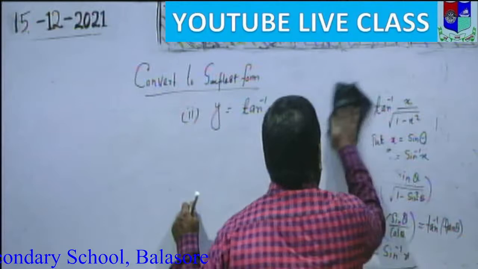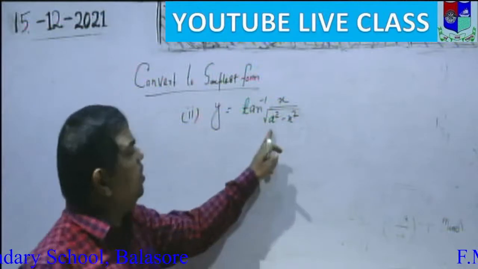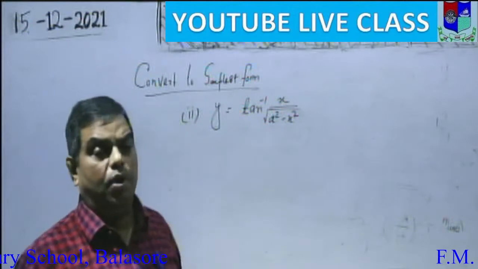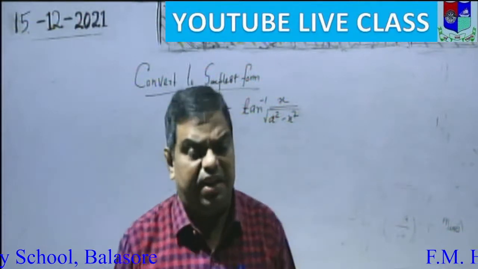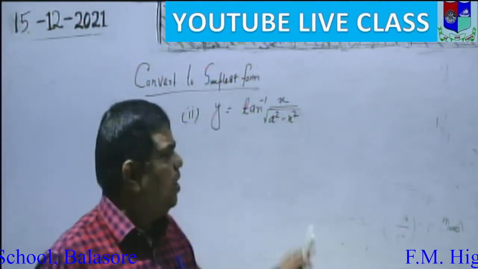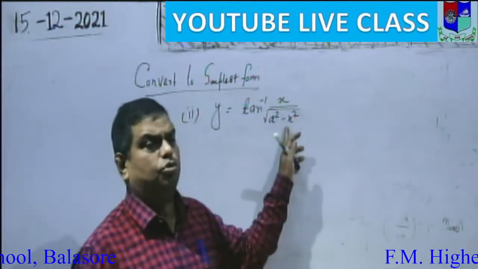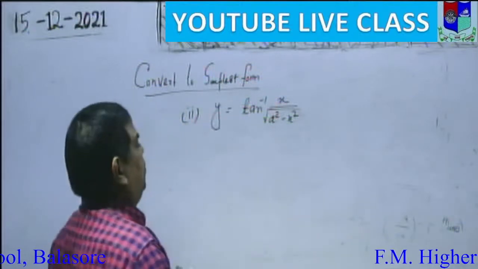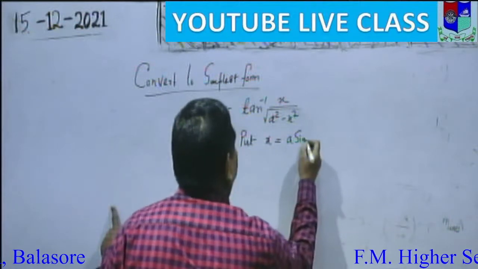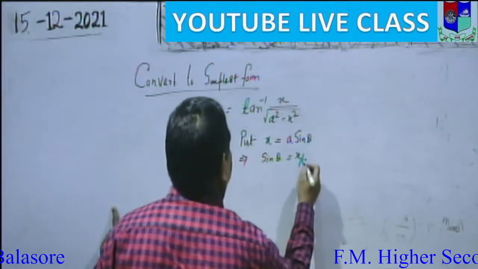For a question like this, you have to decide which substitution is suitable. If it is a question like this, only putting x as sin theta will not fit any formula, since there are three identities, and 1 minus sin square theta will not appear. So if we put x as a sin theta, that suits. Put x is equal to a sin theta, this implies sin theta is x by a.